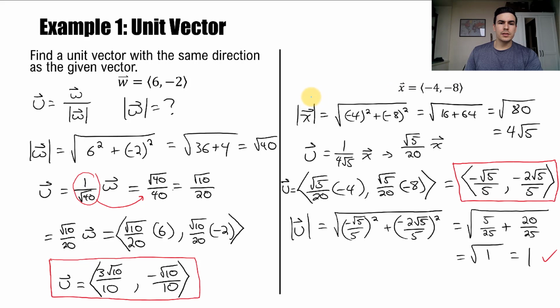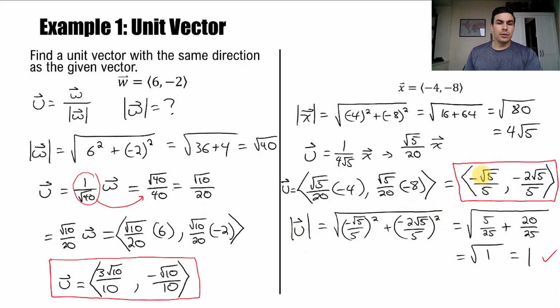All right, here is the process. To first find the magnitude, then you just go ahead and multiply by 1 over that magnitude. Don't forget to rationalize your denominators, like so, and you can find your unit vector. Now, I want you guys to see something here. You can easily check your work here, and if you're asked to check your work, this would be how you would do it.